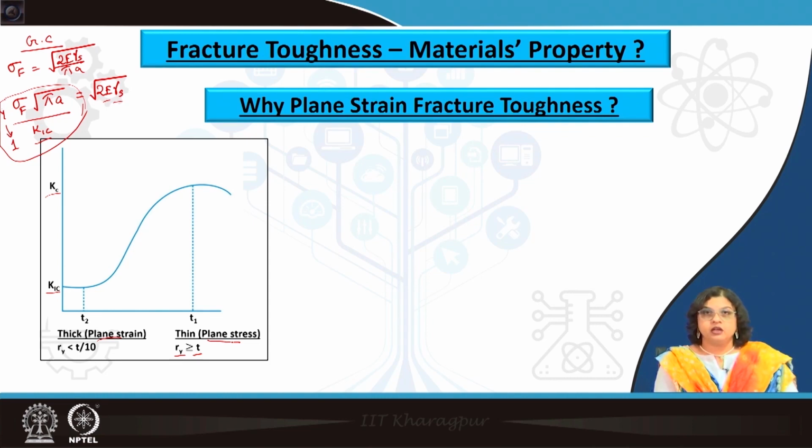So, the main important point for plane strain is that it gives us the lowest value, okay, and that is from the point of view of failure analysis. That is very important, because unlike strength, for example, if we are talking about yield strength or fatigue strength, we always target to achieve higher and higher strength when we are talking about the structural performances.